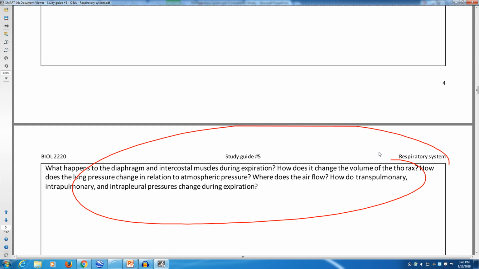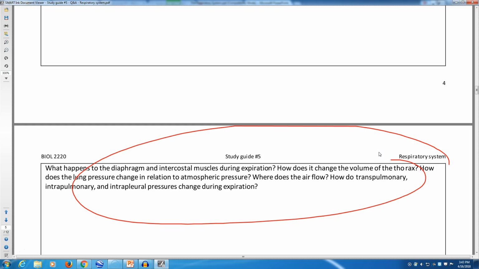What happens to the volume of my thoracic cavity? It increases. What happens to the pressure in the pleural cavity? Volume goes up. Pressure in the pleural cavity goes down, right?